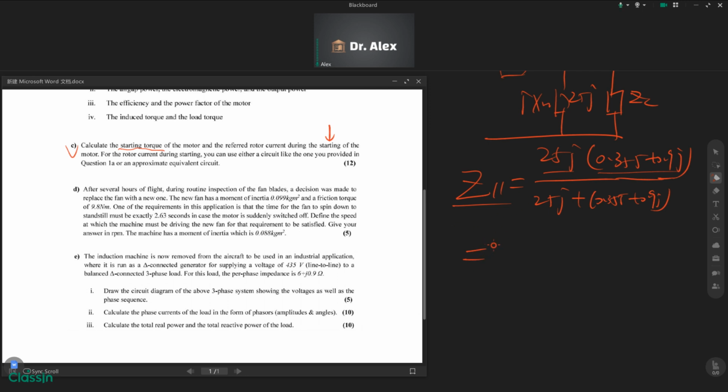After we get the result, we can get the new entire impedance for the whole circuit, which is the total equals the parallel plus Z1.